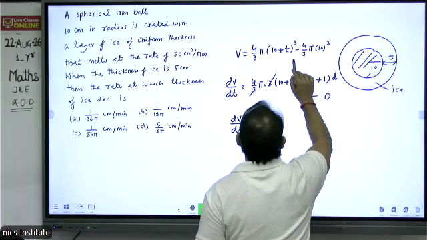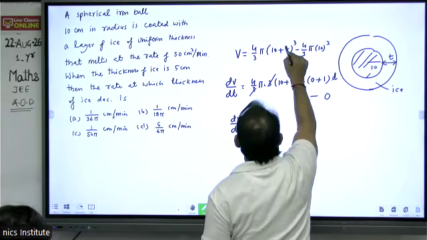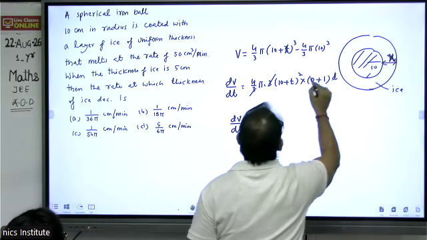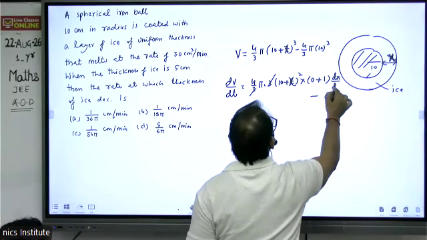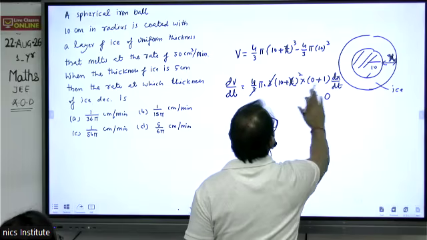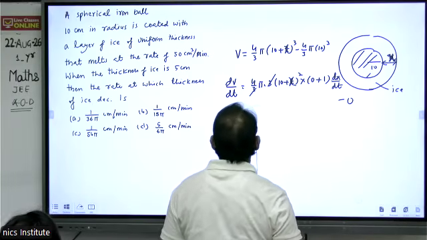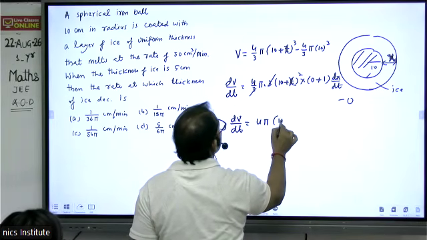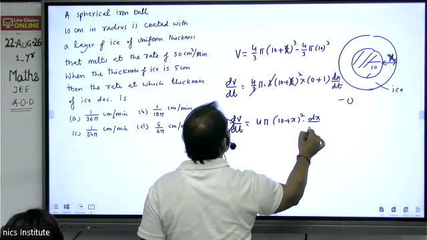There's a confusion, so take the thickness as x, otherwise t and t will be the same. So this will be dx by dt. The 4 pi (10 plus x) whole square into dx by dt.